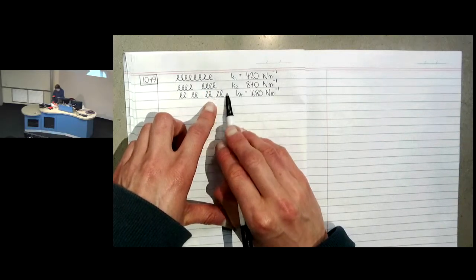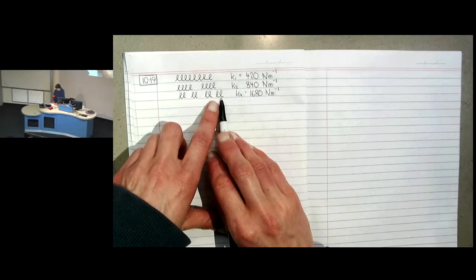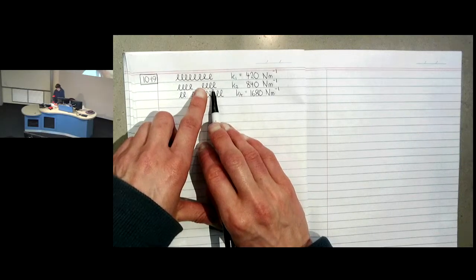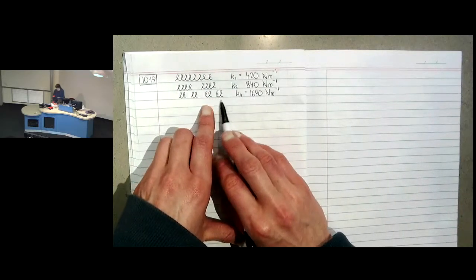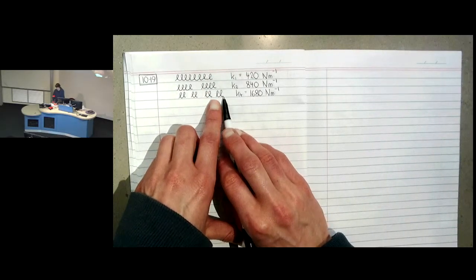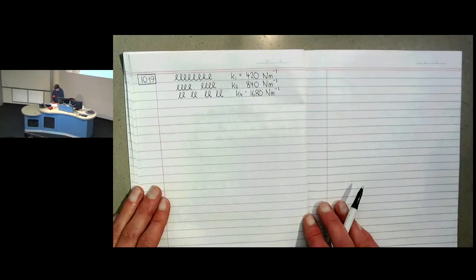But the coils in this spring will have to be deformed by twice as much when this is stretched by 1 meter, as the coils in this spring will be deformed when this one is stretched by 1 meter. And so these will apply twice the amount of force when they get stretched by 1 meter. So again, we double the spring constant.